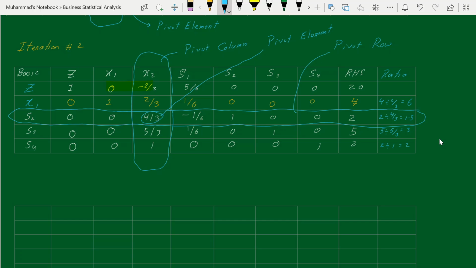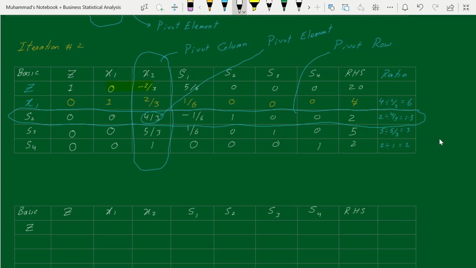Let me write down the variable names first. Basic, z, x1, x2, S1, S2, S3, S4, and then the right hand side.